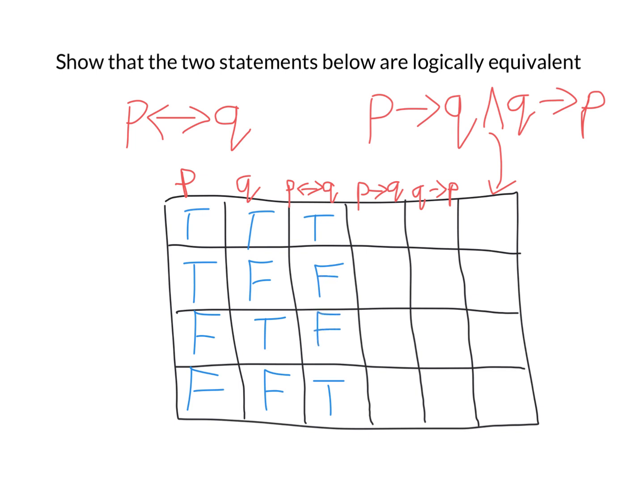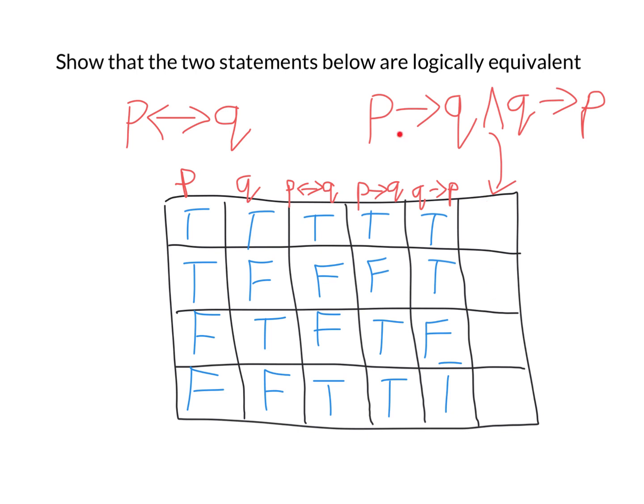All right, let's look at P implies Q. Remember, as we said before, this statement is true all the time unless the first one is true and the second one is false. So if P is true and Q is false, P implies Q must be false; at all other times it's true. Similarly for here, Q implies P will only be false when Q is true but P, the second one, is false. So it'll be false here, otherwise it will be true.